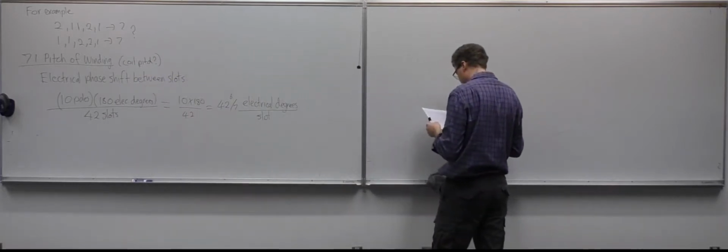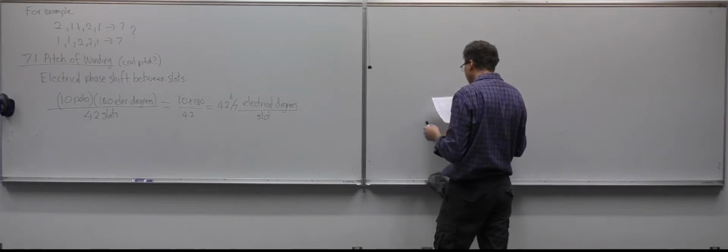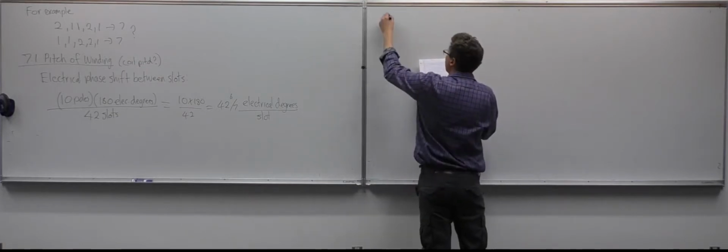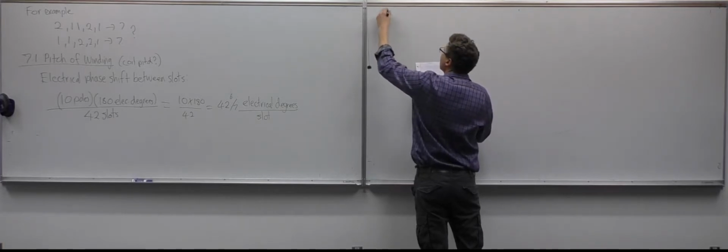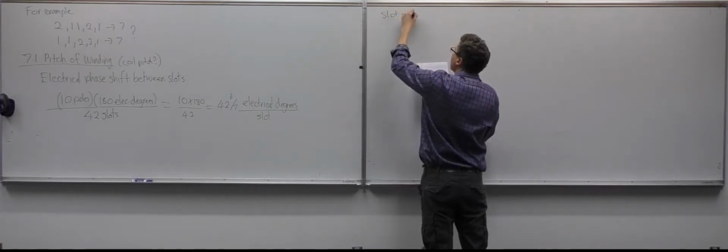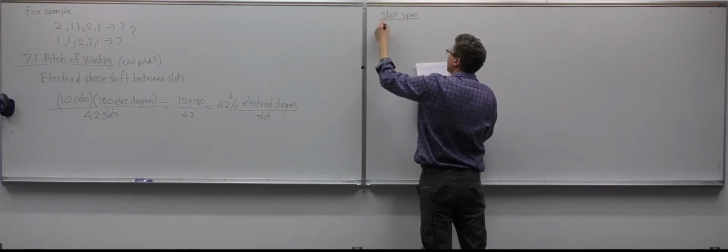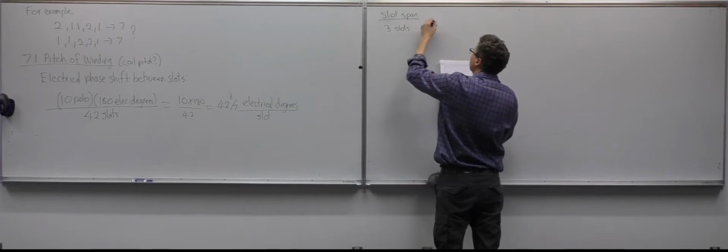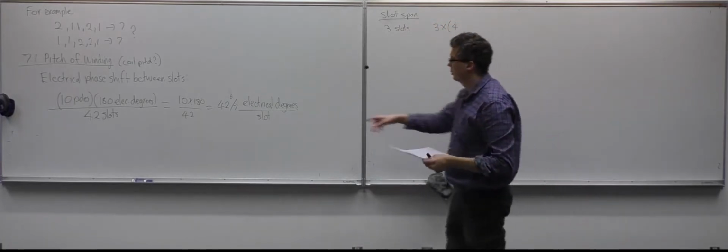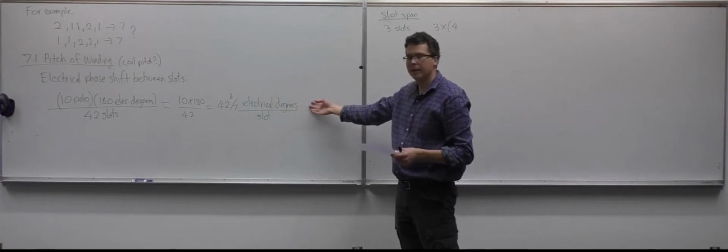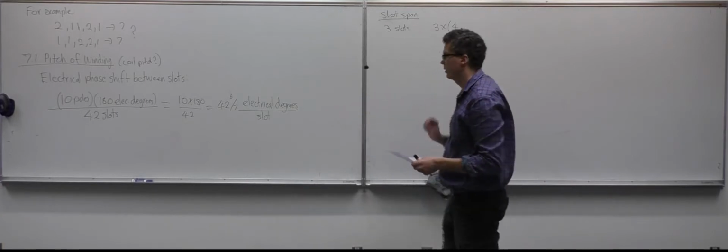If we choose 3 slots, we multiply this by 3, and that will tell us how many electrical degrees we'll have across 3 slots.